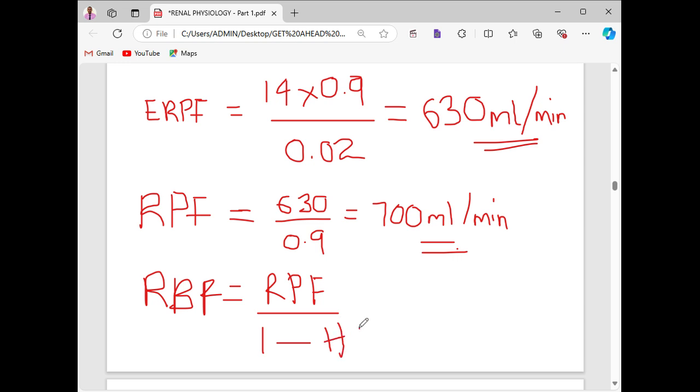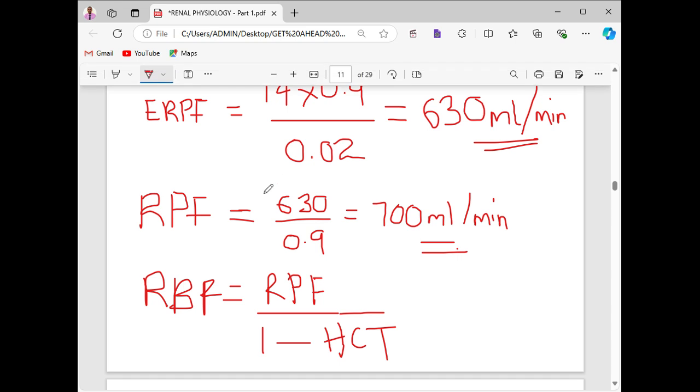When you replace the figures, you put 700 here and 0.45 there, and you get something like 1273. The units are milliliter per minute. So that is how we solve this.